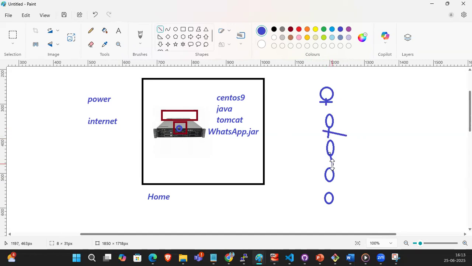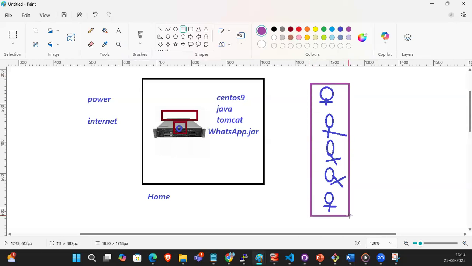Okay, these are all the end users. So the end users are connected to that server, right?